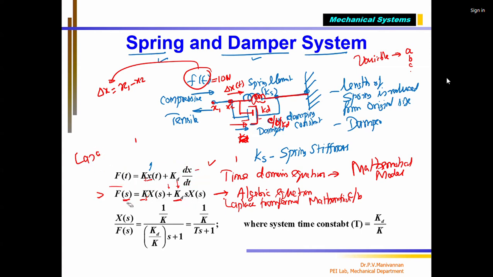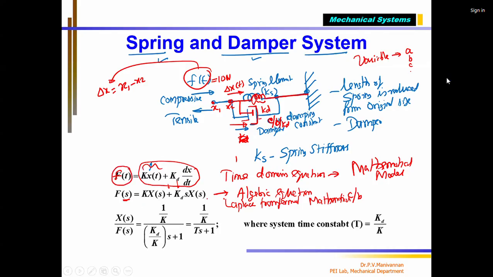Let me remove all these things so that it will be clear to you. F of t is nothing but k into x of t, which is the spring force, plus kd into d by dt x of t, which is the damping force. These two represent system elements which produce opposing force to the force applied as an input.